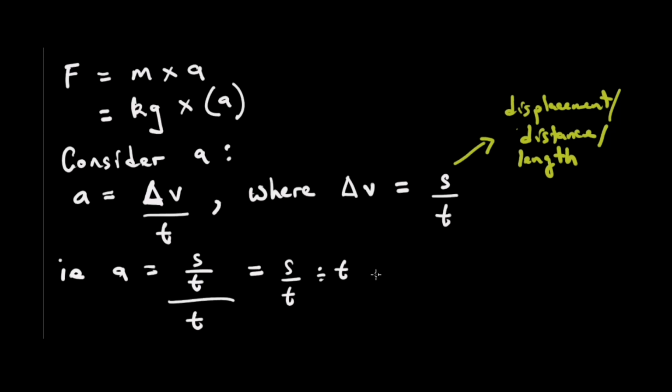Then it becomes s over t multiplying 1 over t.